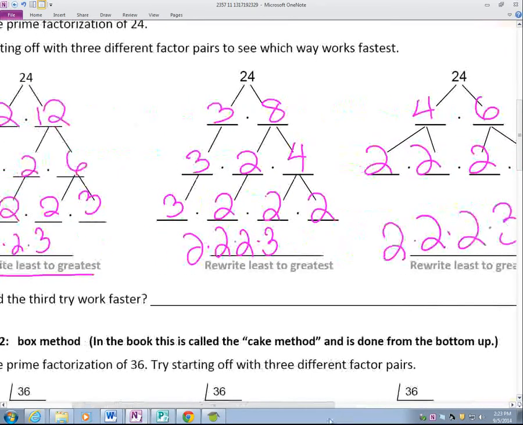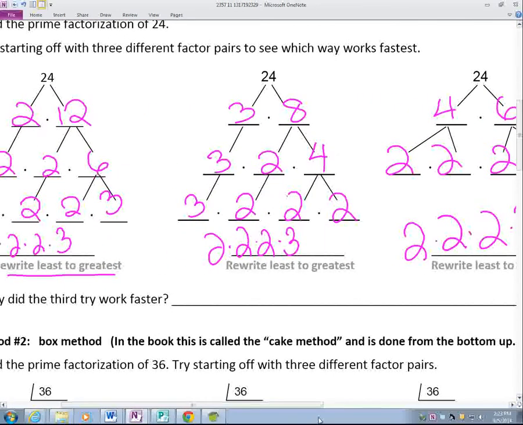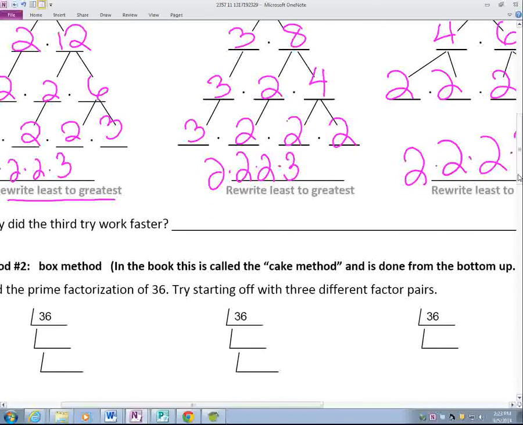Now I ask you, why did the third try work faster? Raven, what do you think? I'm sorry, can you speak up, please? Less factors, okay. And let's see, let's use mathematical terms. Max, what do you think?